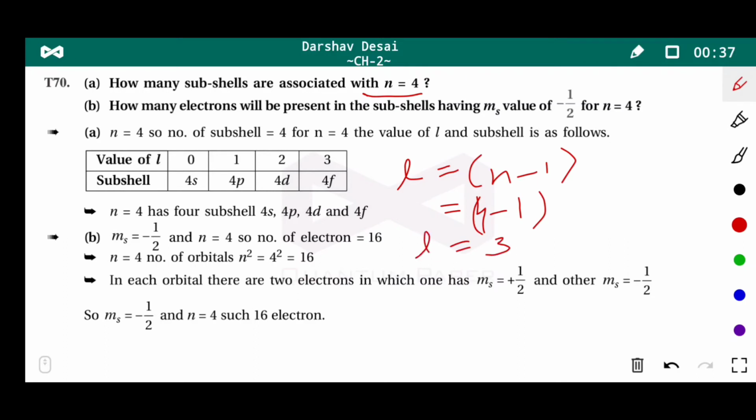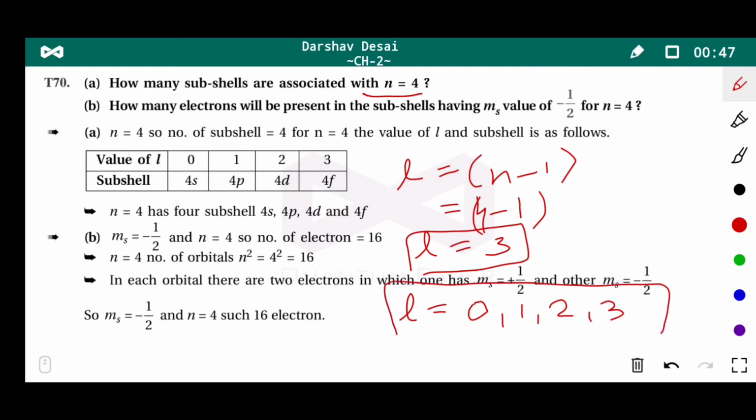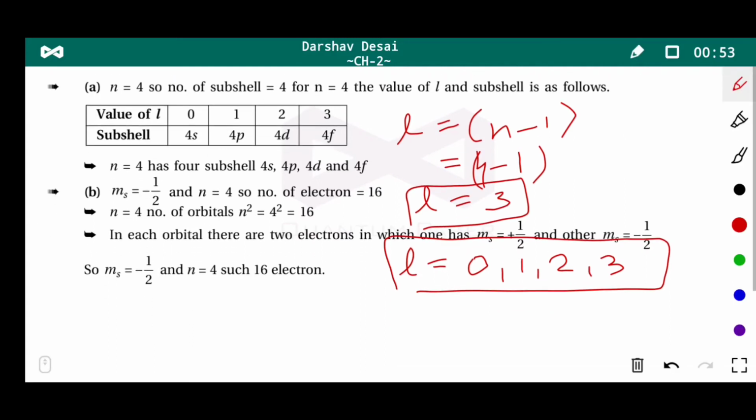So whenever l is equal to 3, then possible values of l are 0, 1, 2 and 3. So here 4 values are obtained, 0, 1, 2 and 3. We know that if l is equal to 0, then s orbital, l is equal to 1 means p orbital, l is equal to 2 means d orbital and last l is equal to 3 means f.